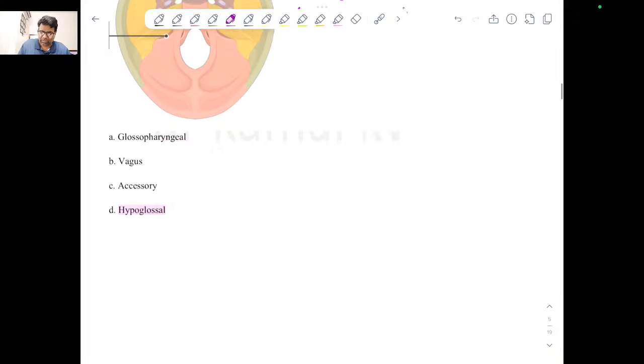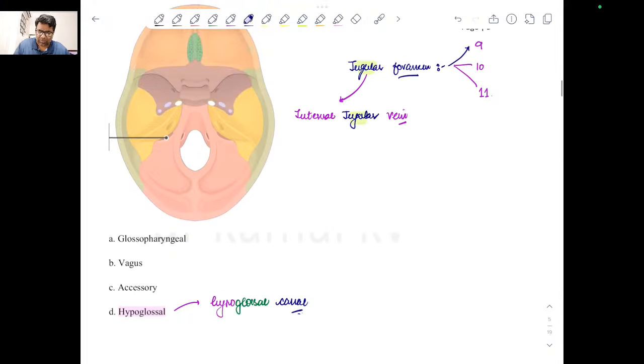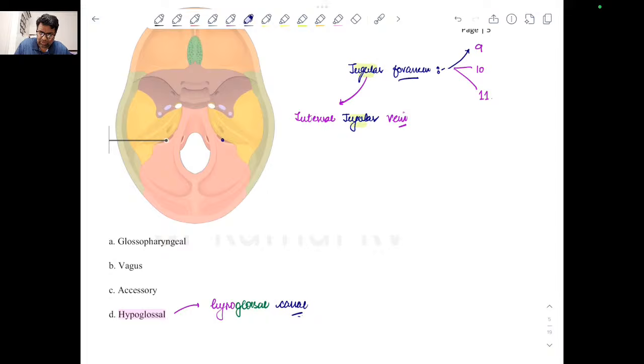It has nothing to do with jugular foramen. Hypo means below, glossal is tongue, so hypoglossal canal. So this one is jugular foramen, right?